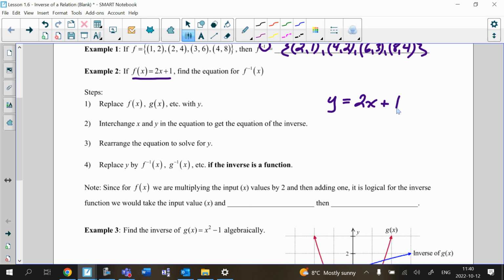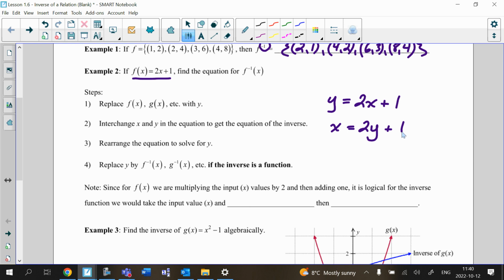Now I'm actually going to find the inverse of the equation. How do you find the inverse? Reverse the x and y. So switch them. So this is the actual inverse of this, because I just switched the x and y's. But it's not in a form that's acceptable. Normally, when we write an equation of a function or a relation, we want y by itself, like we have here.